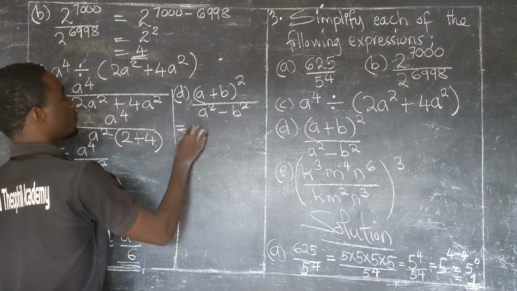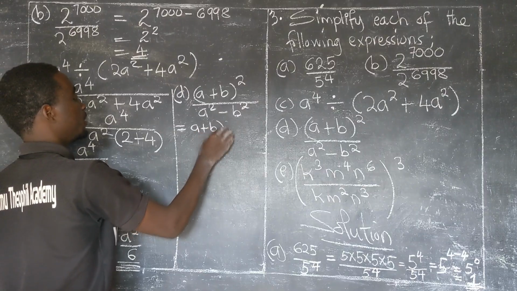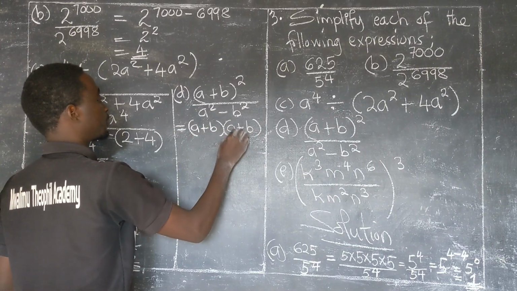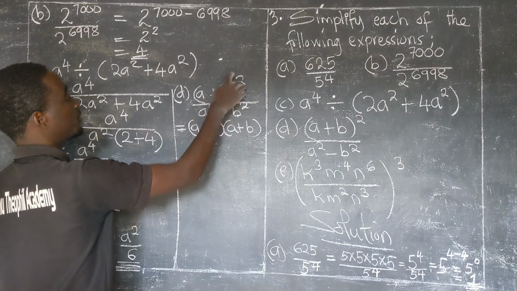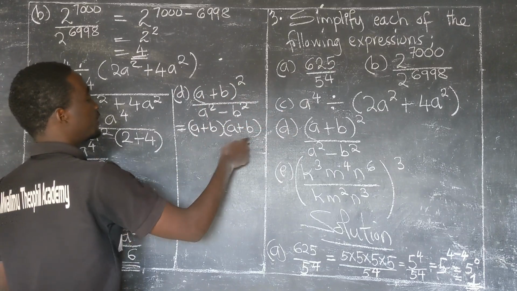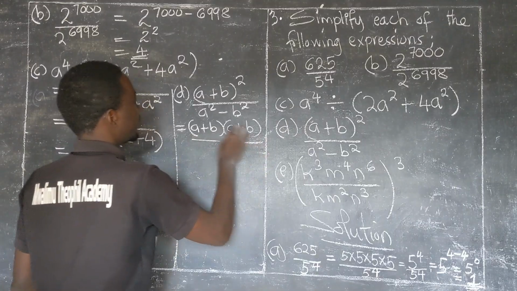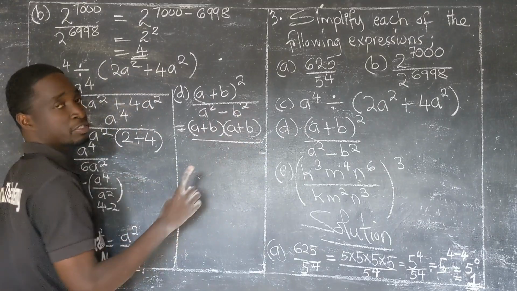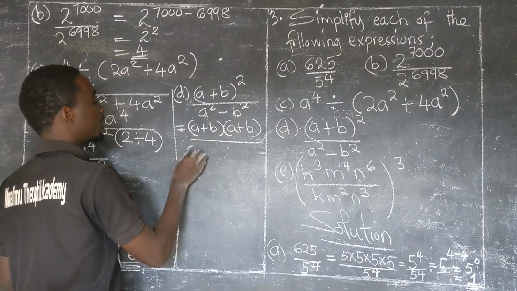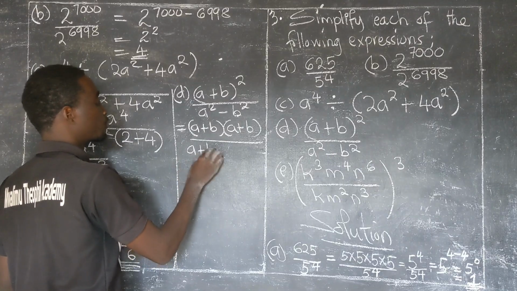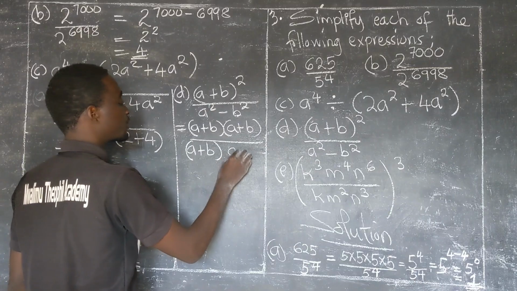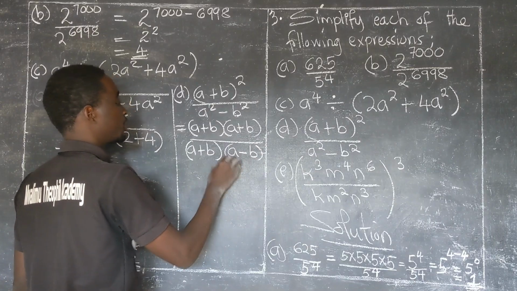This will be equal to a plus b times a plus b, because it is a plus b squared, so it is 2 times. Divided by a squared minus b squared. This is a difference of two squares, where we take the sum of the two values times the difference of the two values.